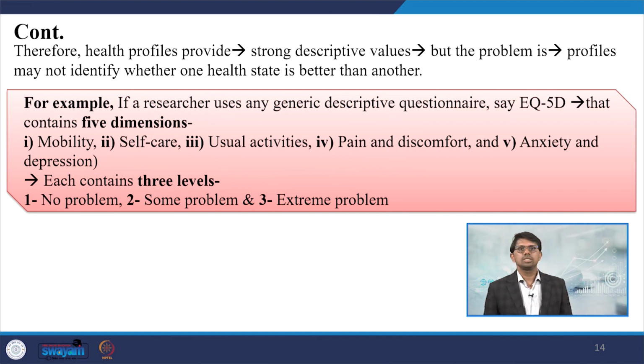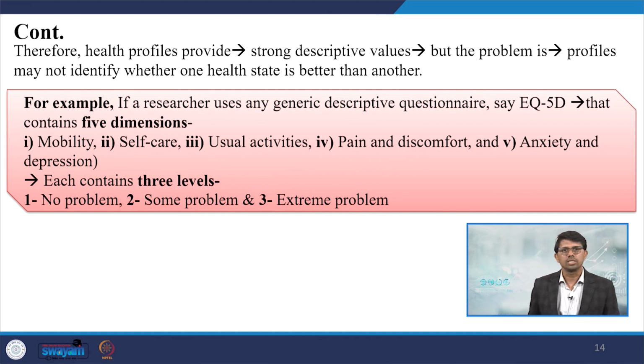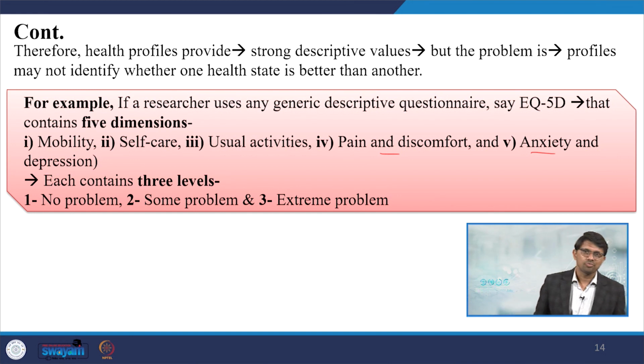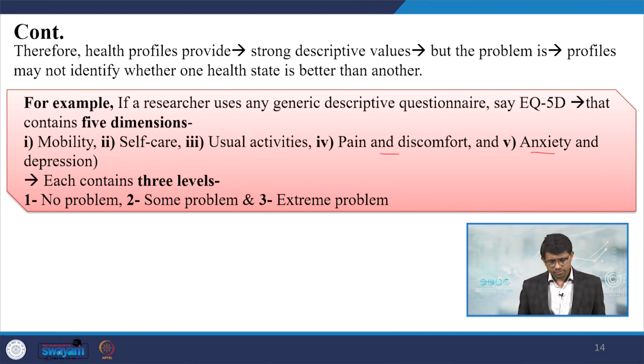If a researcher uses a generic descriptive questionnaire, that is the EQ5D, which I have already cited, it contains 5 dimensions: mobility, self care, usual activity, pain or discomfort, and anxiety or depression. Each contains 3 levels, and each level might be no problem, some problem, or extreme problem.